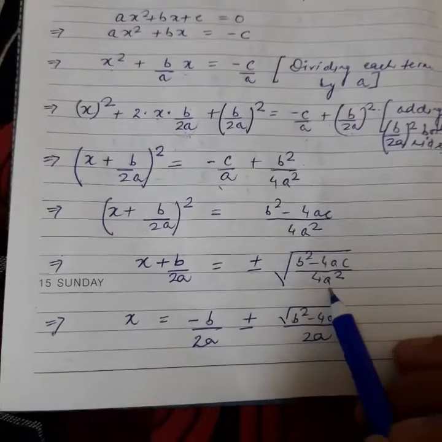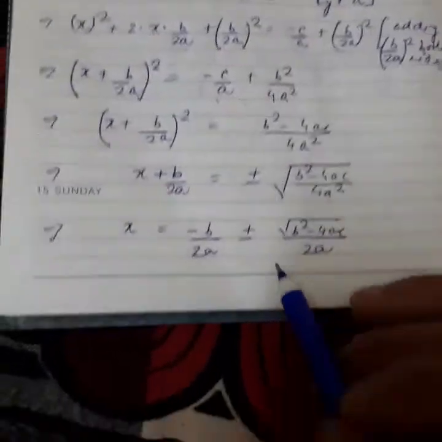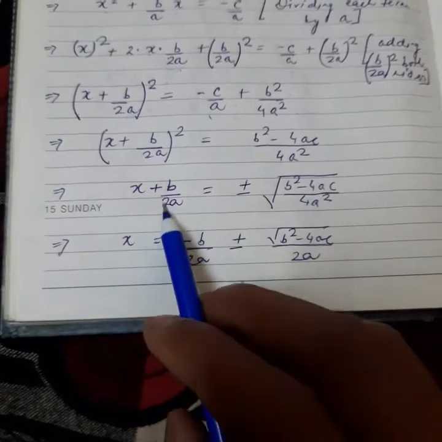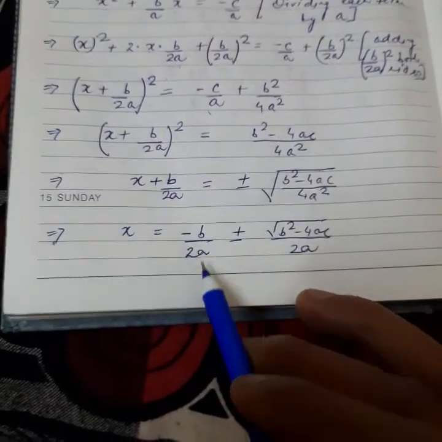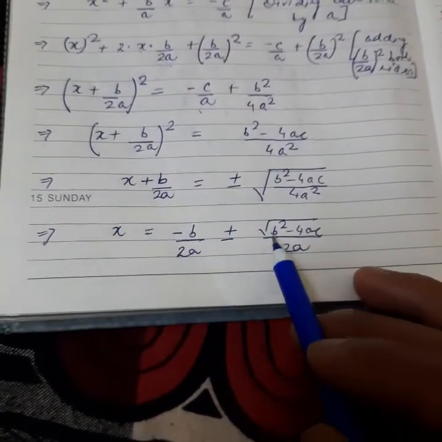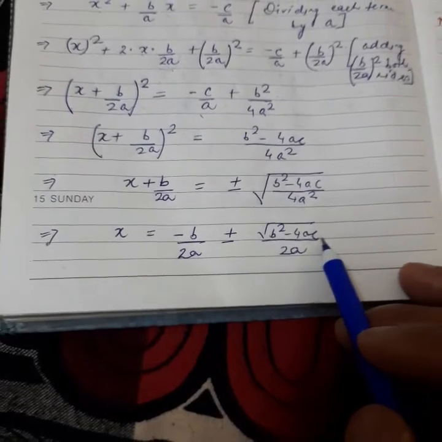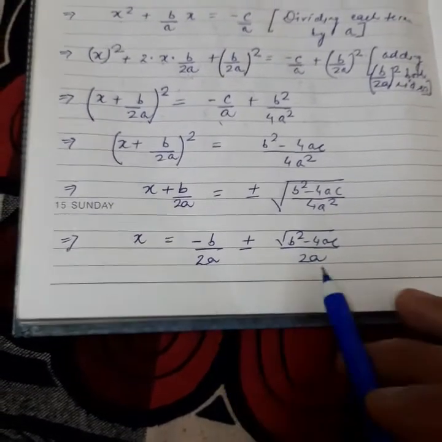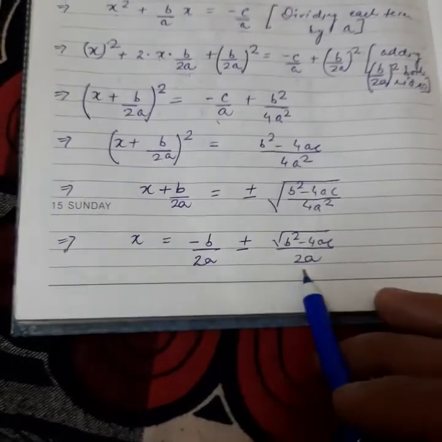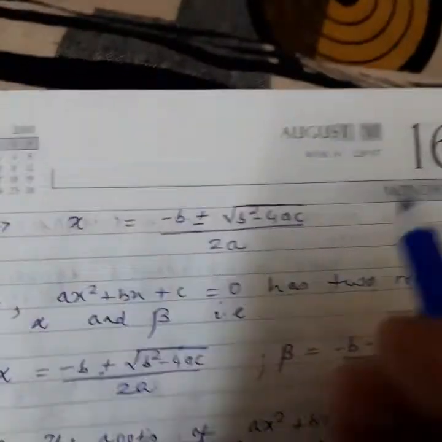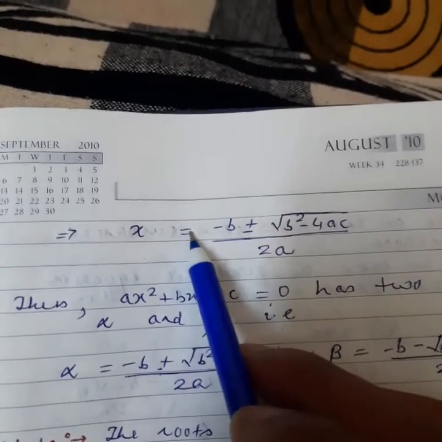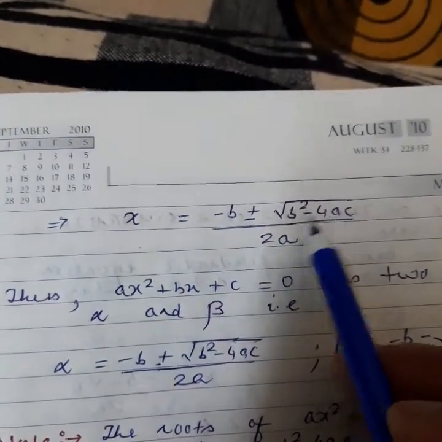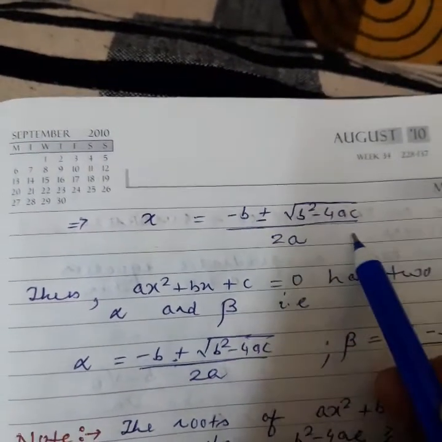Since we can find the root of the denominator, our next step is x equals this b by 2a went to that side, minus b by 2a plus minus root under b square minus 4ac by 2a. The square root of 4a square is 2a. Now we can see that the denominator is the same, so x can be written as minus b plus minus root under b square minus 4ac by 2a.